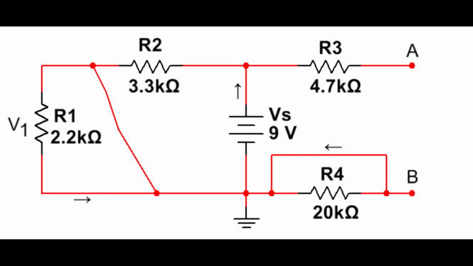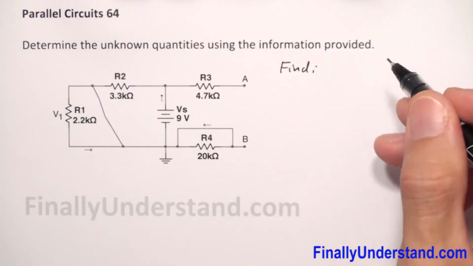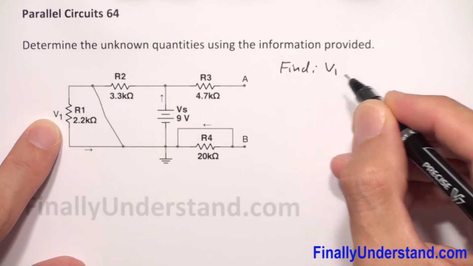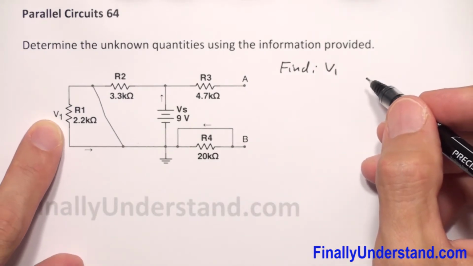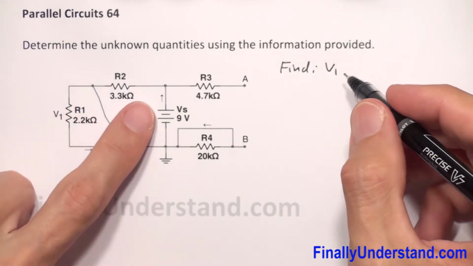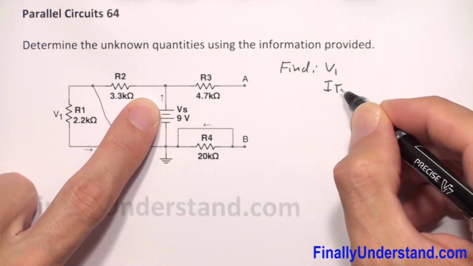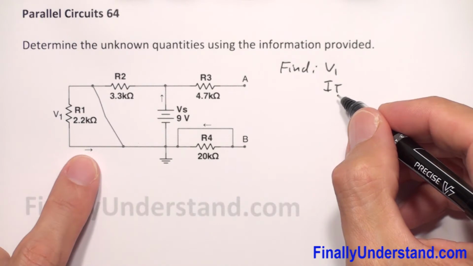Let's take a look at this example. We have to find voltage V1. We're supposed to also find I total. We're supposed to find IR1.